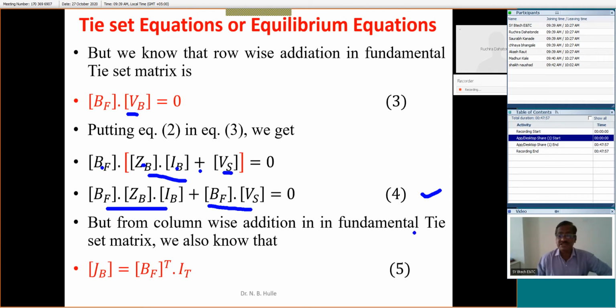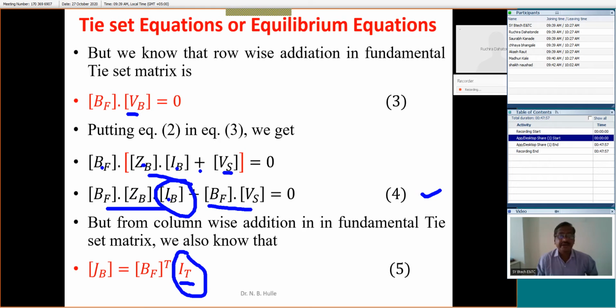But from the column-wise addition of the fundamental tie-set matrix, we also know that IB is equal to BF transpose into IT, where IT is nothing but the tie-set current or loop current. This is equation number 5. Now we substitute this value of IB in equation number 4.